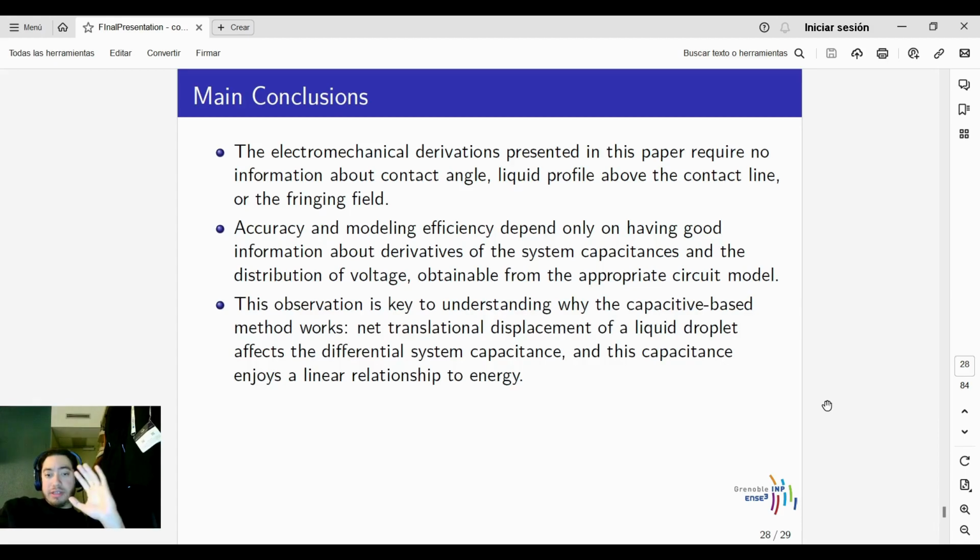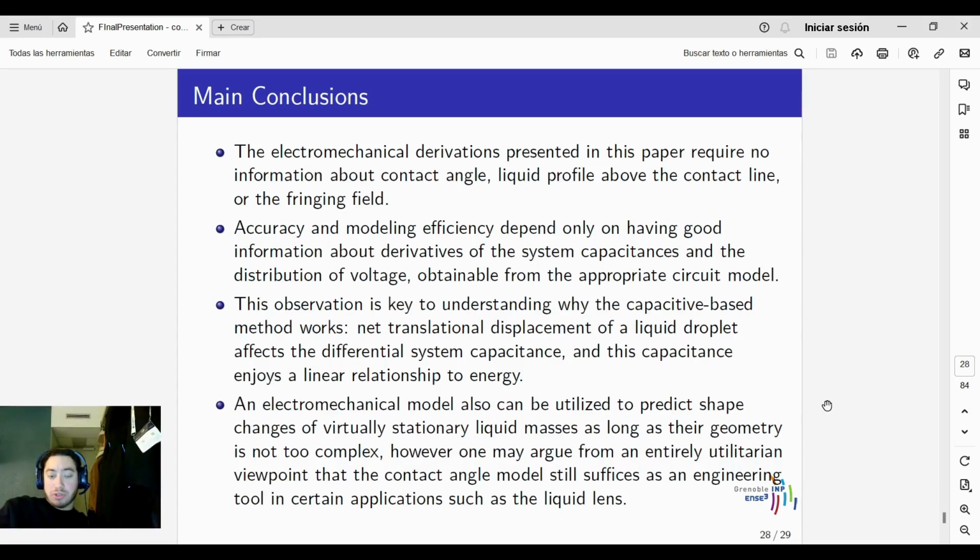So this information is the key to better understand why the capacitive model works. Net translational displacement, in this case the horizontal displacement of a liquid droplet, will affect the differential system capacitance, and this capacitance will basically have a linear relationship to the energy of the system.